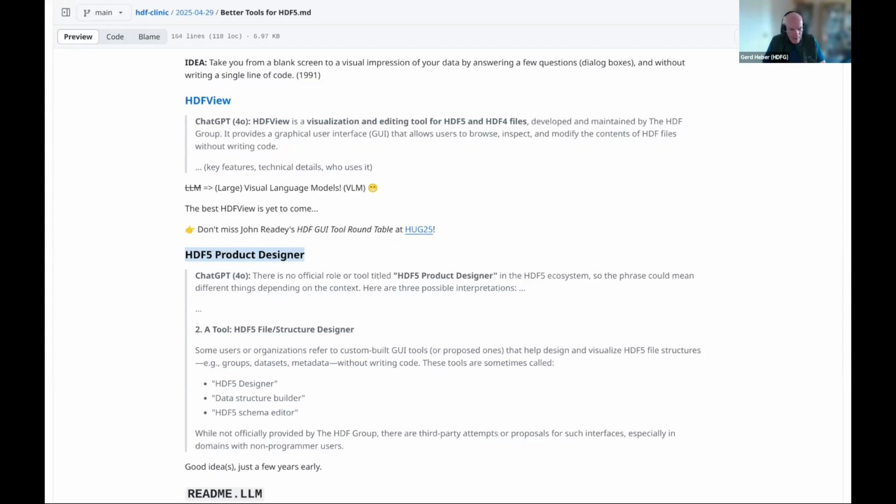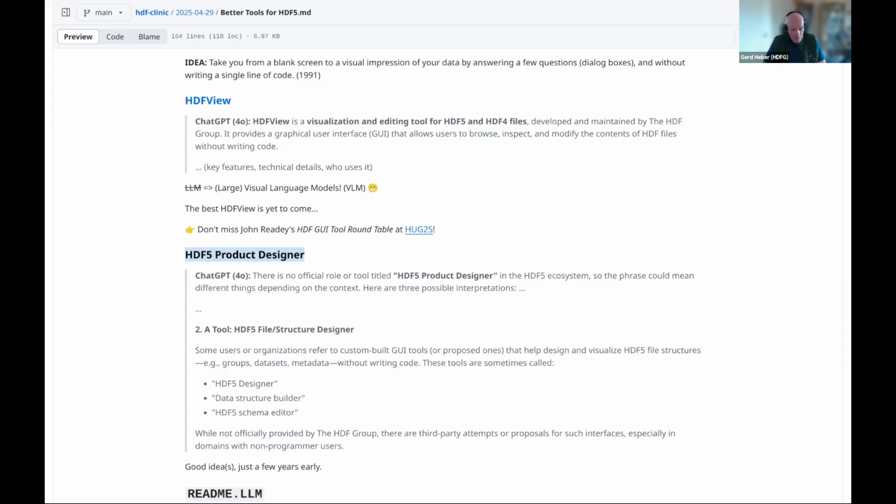But anyway, ChatGPT claims that there's no official role or tool titled HDF product designer in the HDF5 ecosystem. So it thinks, depending on the context, it could mean different things.